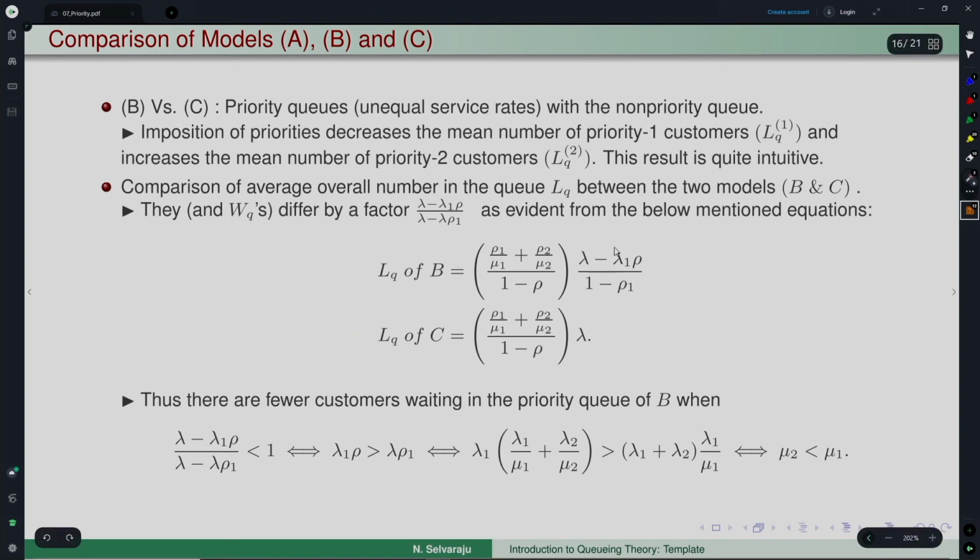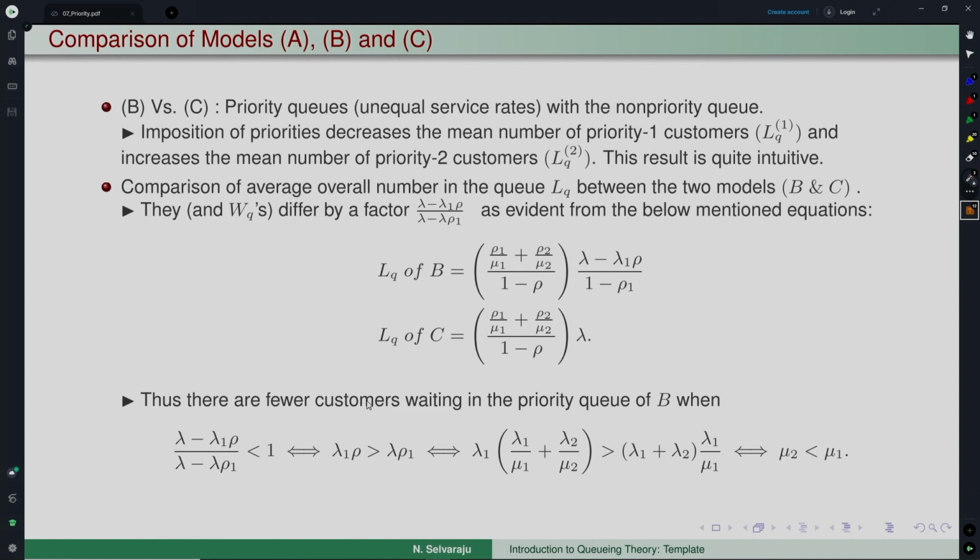Now, since these two differ by a factor of this quantity, this factor will be less than 1, and what would that mean? That means this is the priority 1, so overall also there will be fewer customers in the priority queue, not priority customers only, but in the overall queue also.